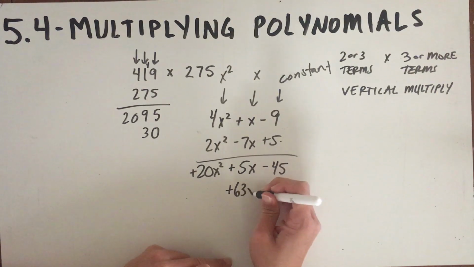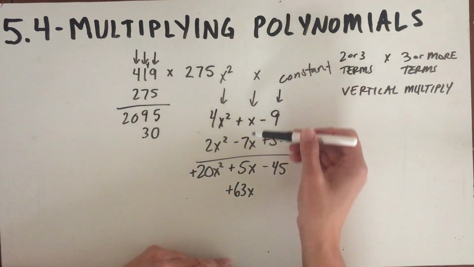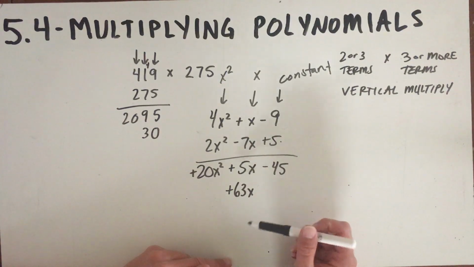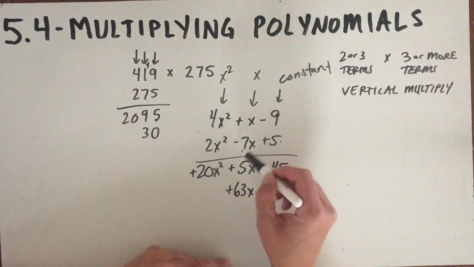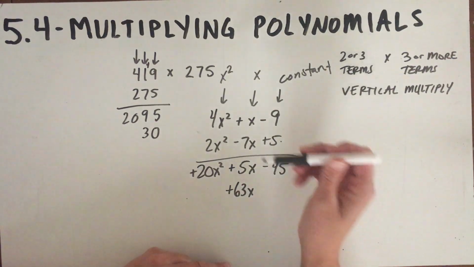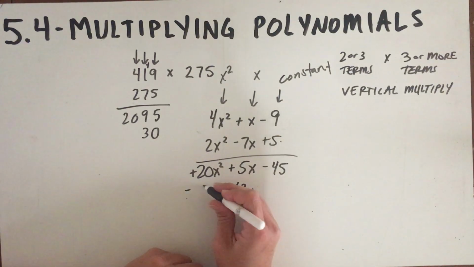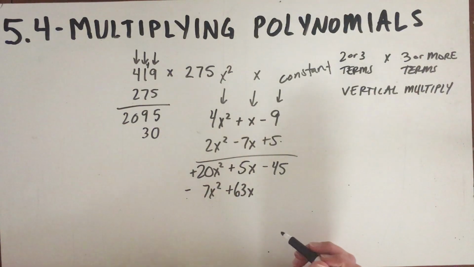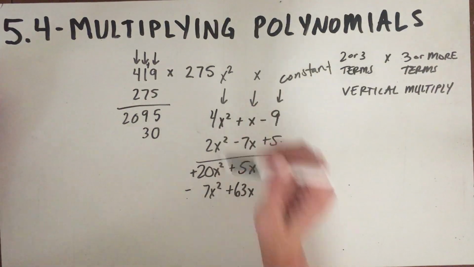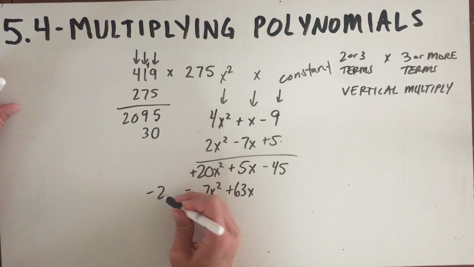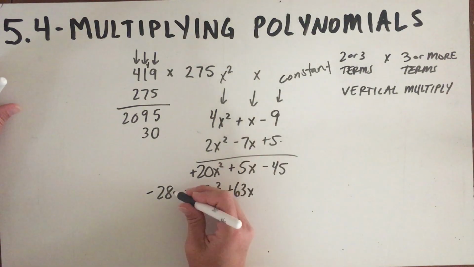I'm putting it here, though, because it's a positive 63x, and everything that has x goes in this column. There's not going to be a constant here because I don't have anything that I'm multiplying together as a constant. Here I'm going to get a negative 7x times x, which gives me a negative 7x squared. And a negative 7 times 4x squared is going to give me a negative 28x cubed.